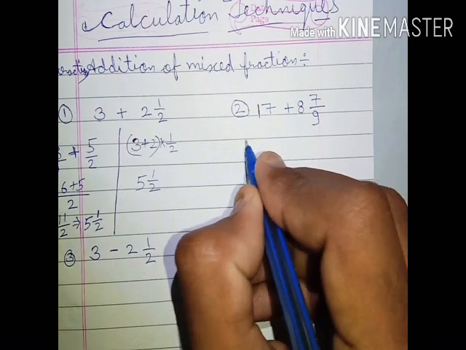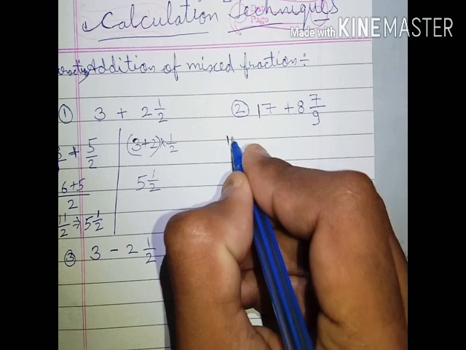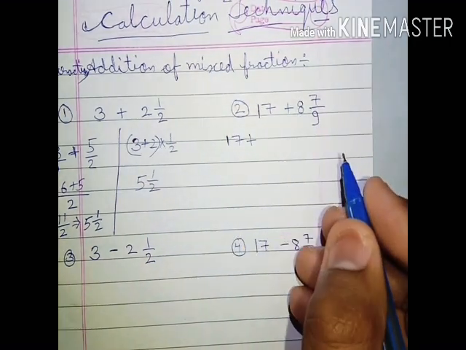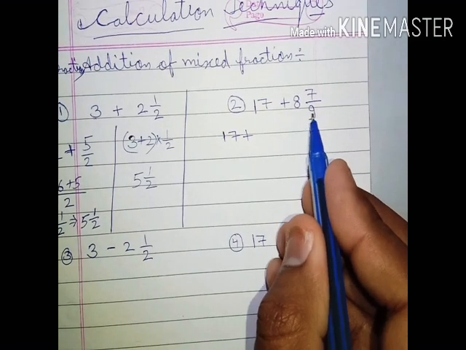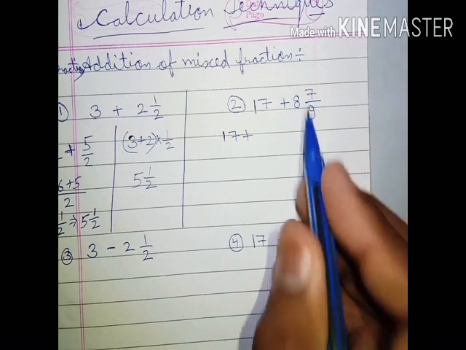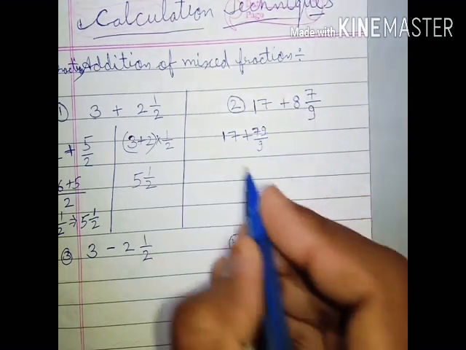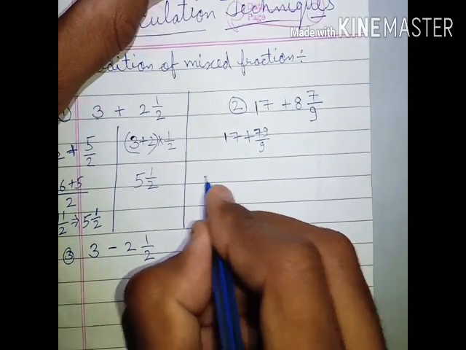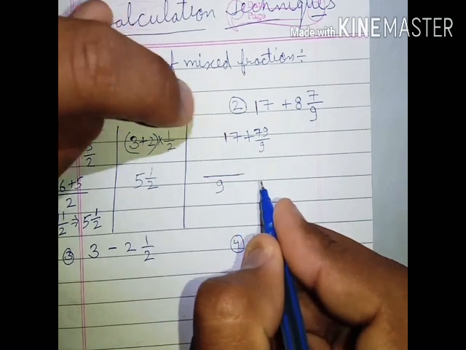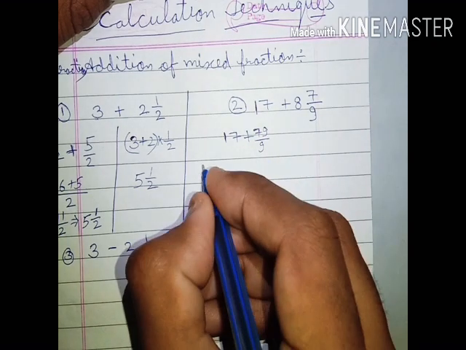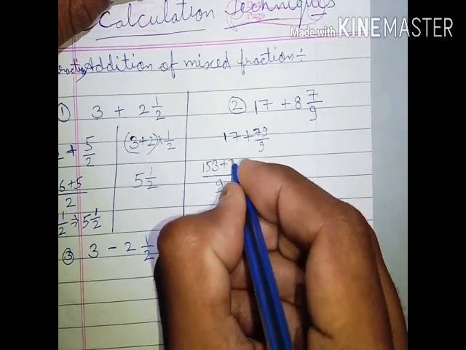So as we do it, it will become 17 plus, if we multiply 8 by 9, 9 times 8 is 72 plus 7, it will become 79 upon 9, and after this we will have to take the LCM again. The LCM will be 9, then we multiply 17 by 9, which will become 153 plus 79.